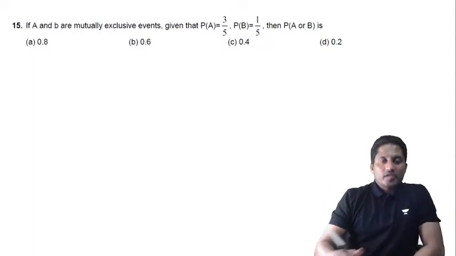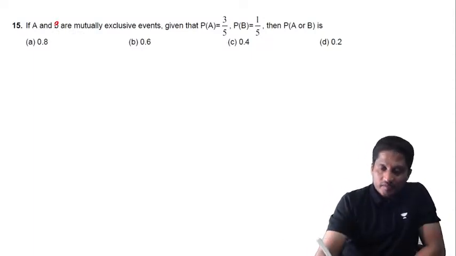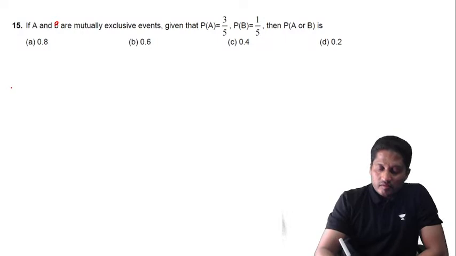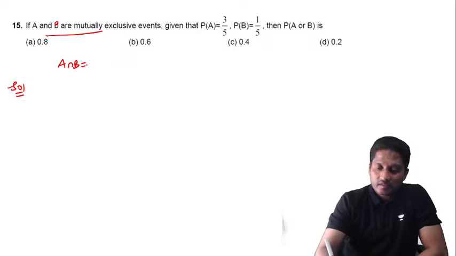If A and B are mutually exclusive, what is P of A union B? Mutually exclusive means nothing is common. A intersection B is a null set, which means the probability of A intersection B should be 0.